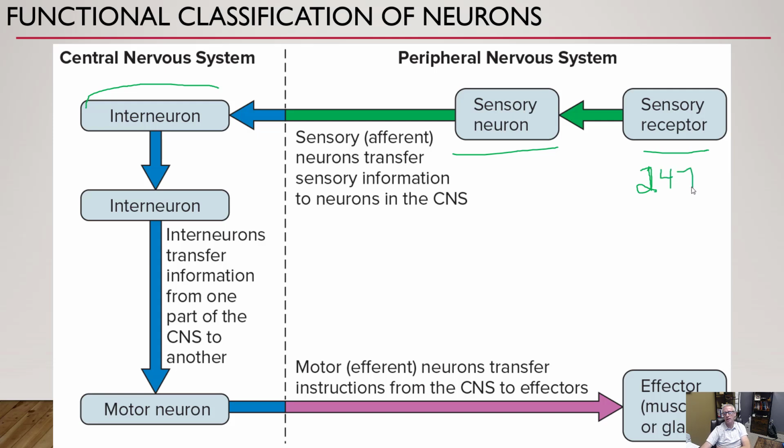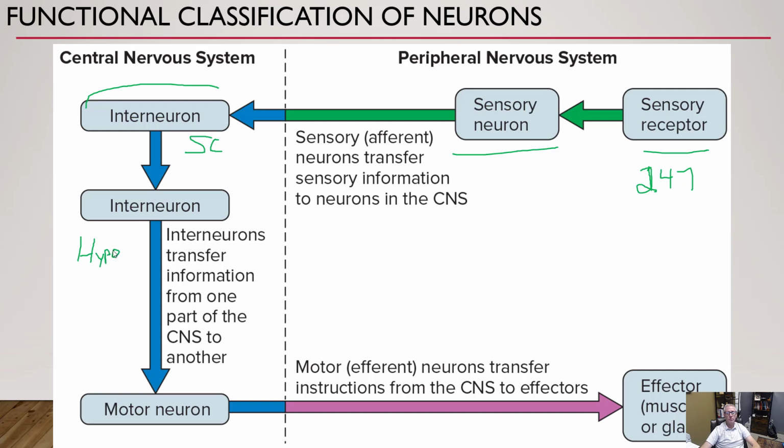And obviously, it doesn't come up with a number, but we'll say it comes up with a number. And then that sensory neuron will relay that information to here, the spinal cord. And then we have an interneuron that would go from the spinal cord up to the hypothalamus.